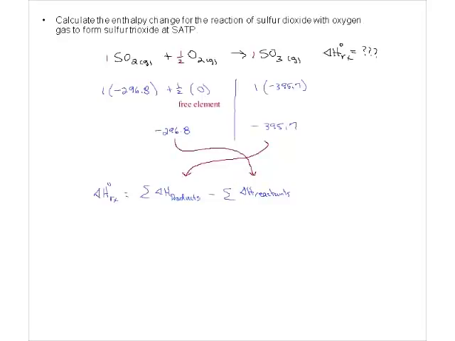And lo and behold, it makes the calculation a little easier. I don't have to be writing all that information out that I did on the last problem, sorry. Put it there. Watch this negative sign, negative of a negative. This becomes positive, right? And lo and behold, what do we get? Okay, so this is a positive 296, and it works out to be negative 98.9 kilojoules per mole.